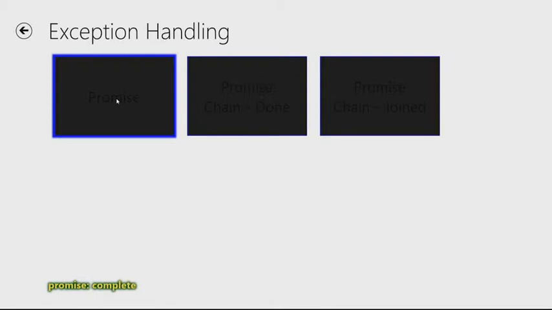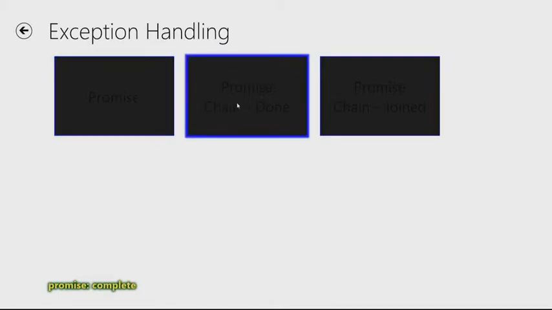I just said I want to see it complete, and it completed. Now I'm going to go to the next one, and I know you can't read what's in that box, but it says, let's see it with a chain. So I'm clicking on the chain. I happen to know that I intentionally throw an error right when it gets to 2. And then my response is to say, moo ha ha ha, you blew it.